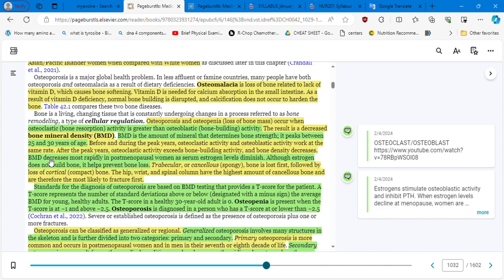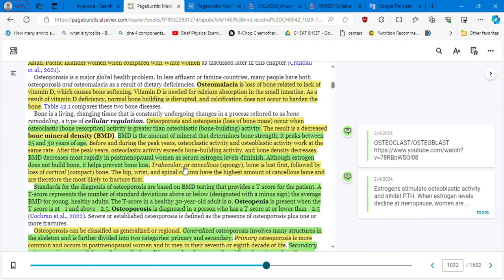BMD decreases most rapidly in postmenopausal women as estrogen levels diminish, as I mentioned before. Although estrogen does not build bone, it helps prevent bone loss because estrogen has a direct effect on osteoblastic activity.